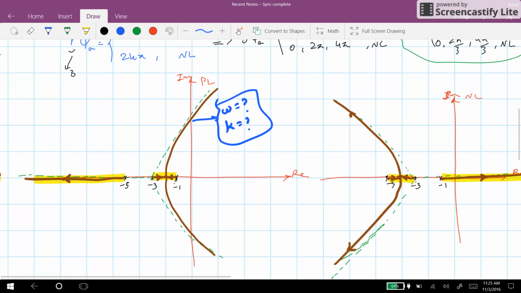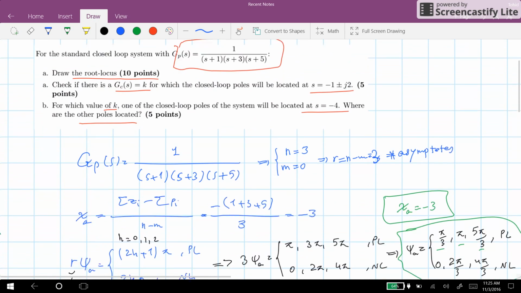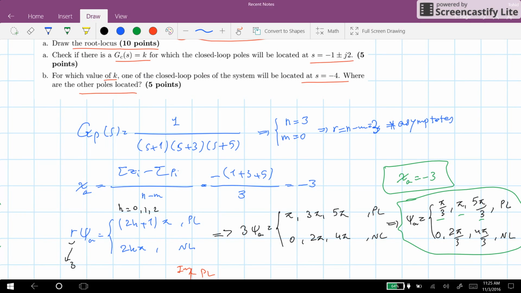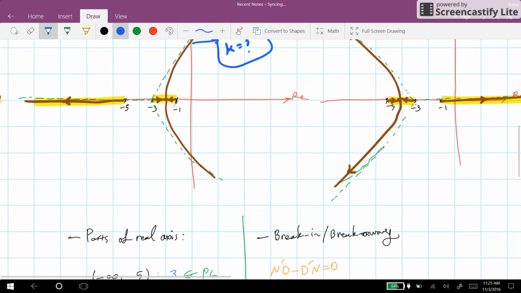Okay, so we are done with the first part. Let's see what we have in the second part of the question. We need to determine whether there is a value of k for which the poles are located at -1 ± j2.